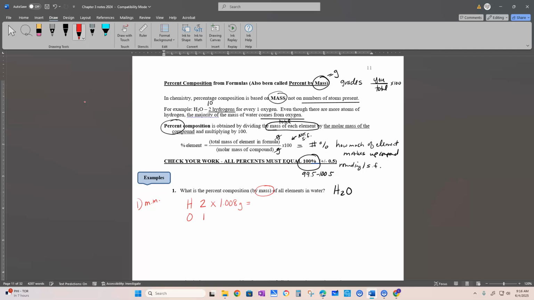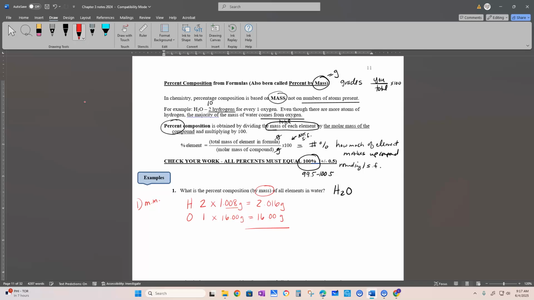So we're going to multiply this out. Let's get those calculators out. Let me get mine out too. 2 times 1.008, and I get 2.016 grams. I have to keep those 3 after the decimal because I'm just multiplying by 2. Oxygen we know is 16.00, so 16.00.